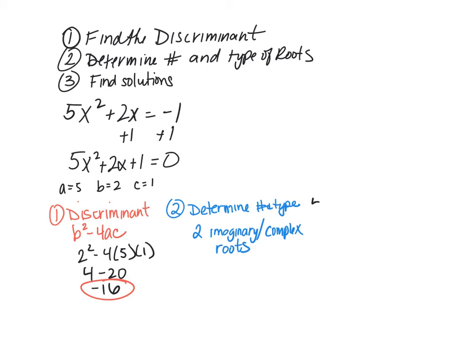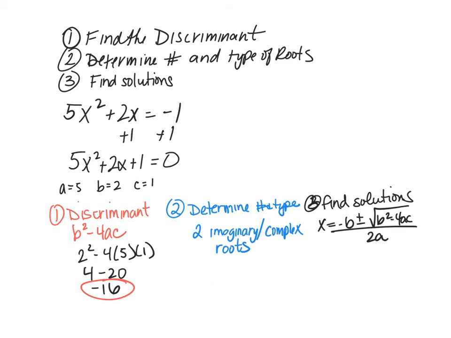And then lastly, we're going to find the solutions. So we're going to plug it in. x equals negative b plus or minus the square root of b squared minus 4ac all over 2a. I think it's a great idea to write it down with every single problem.